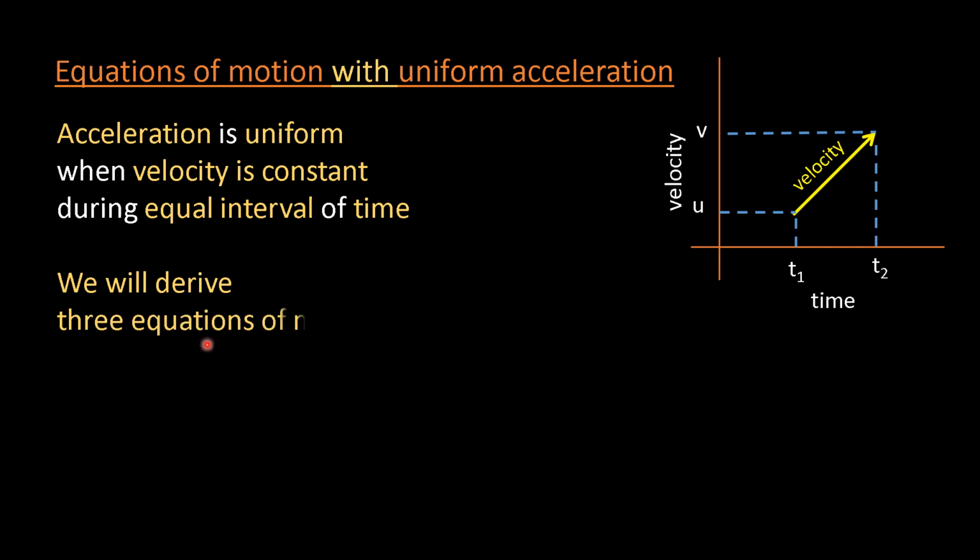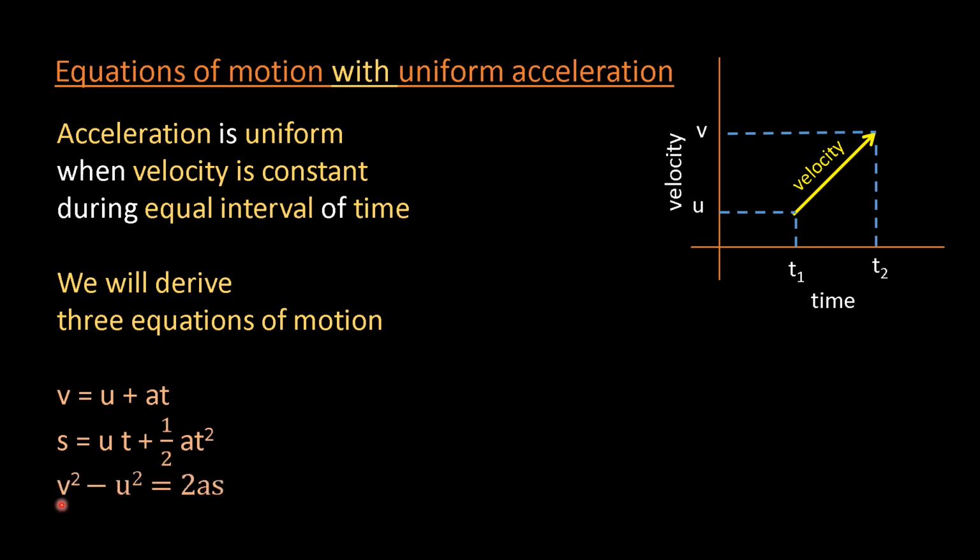We will derive three equations of motion. The first is v equals u plus at. Second is s equals ut plus half at square. And the third one is v squared minus u square equals 2as.